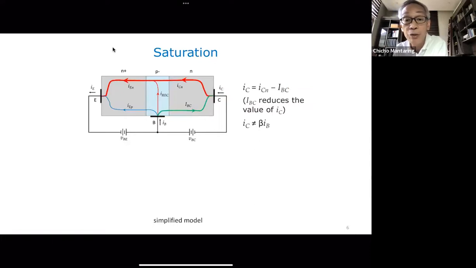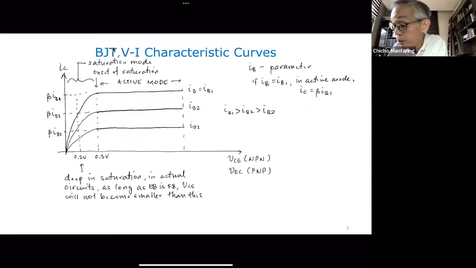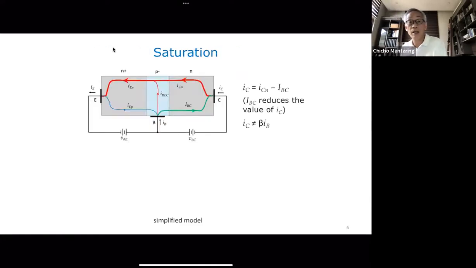Kaya lumiliit yung value nung I sub C. So habang lumiliit yung value nung VCE, liliit ngayon yung value nung I sub C until we reach deep saturation. Okay. Now remember, in saturation, hindi na totoo to. Right? This was true when this current was approximately equal to 0, which is the case if this is reverse biased. But because this current is now substantial, this is no longer true.